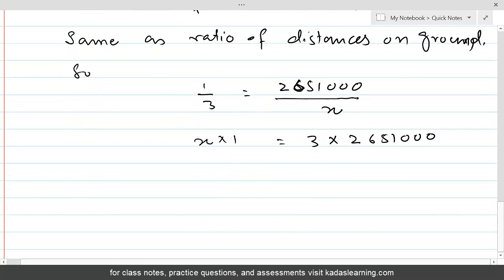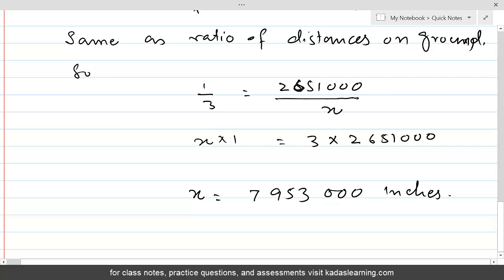So that's a shortcut or the easy way. And from here we can get the value for x. That is simply the product of 2,651,000 times 3, and that is 7,953,000 inches.